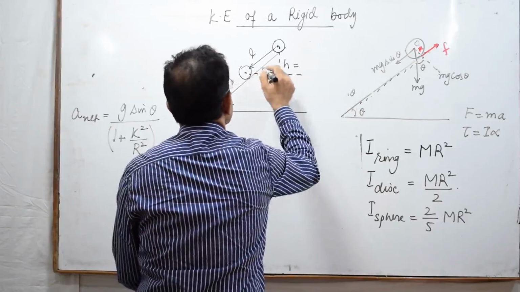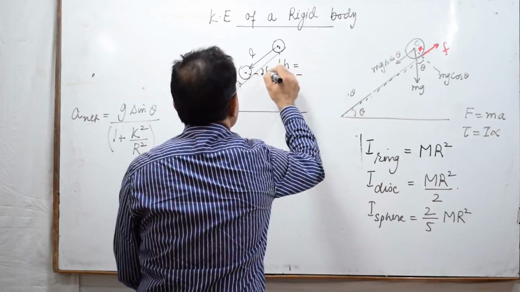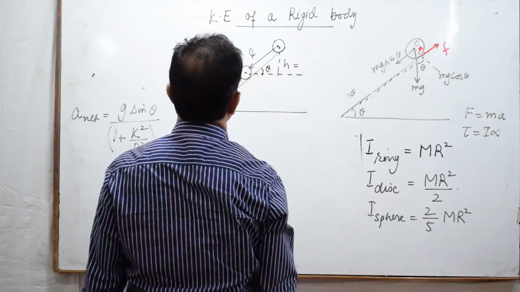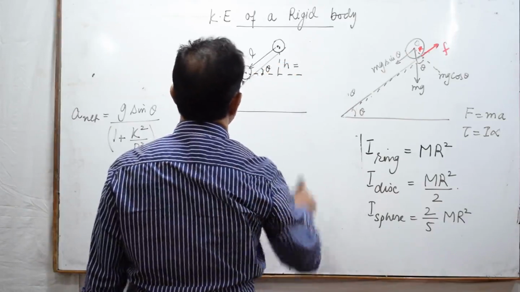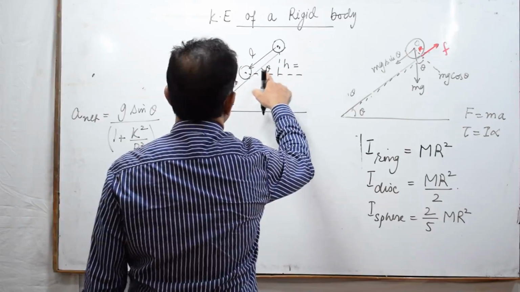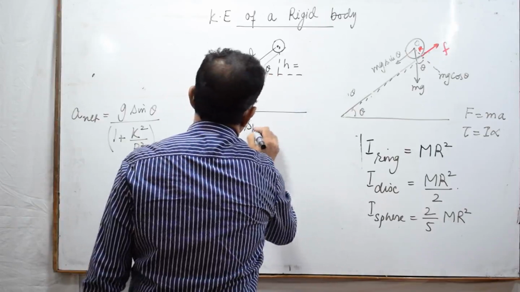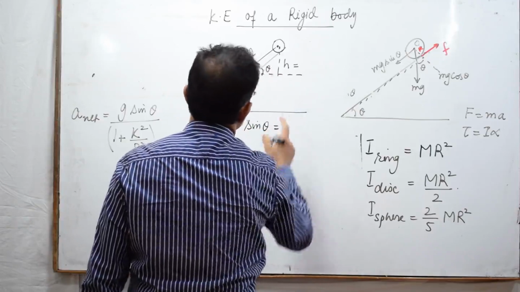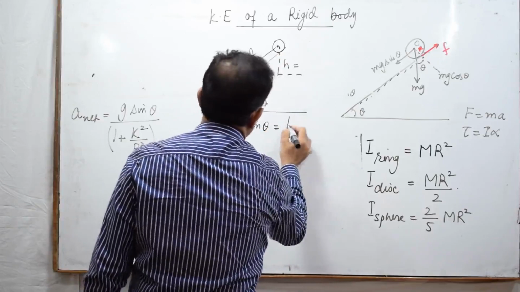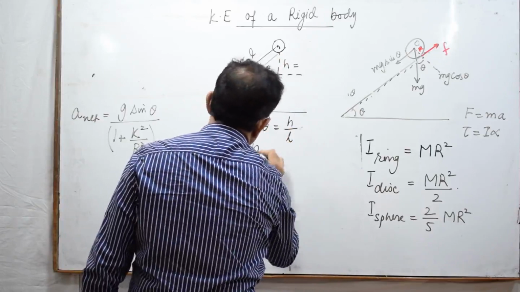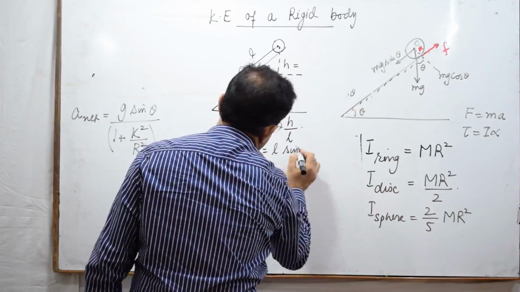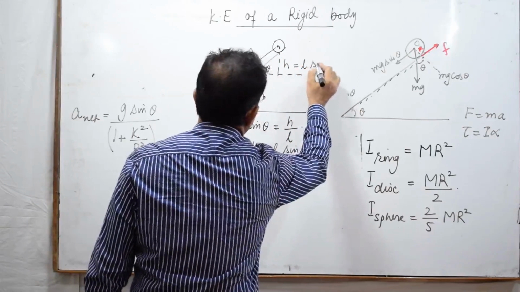So the center of mass has fallen through height h, and this angle is theta. Now see what is the relation between h and l. If I take the value of sin theta in this triangle, sin theta becomes equal to perpendicular divided by hypotenuse. So h becomes equal to l sin theta.